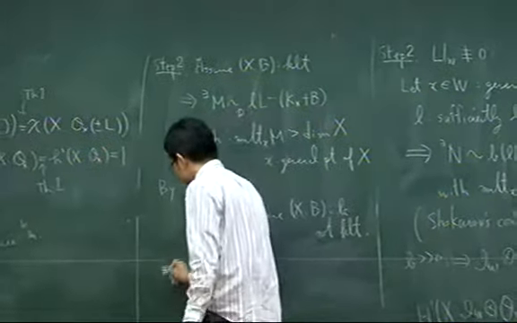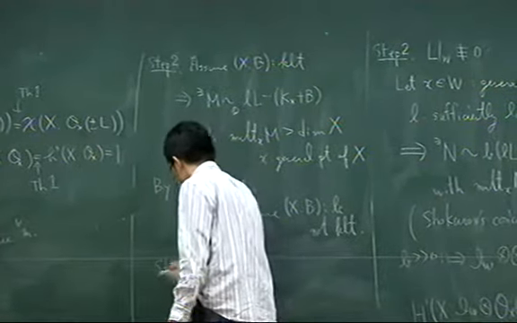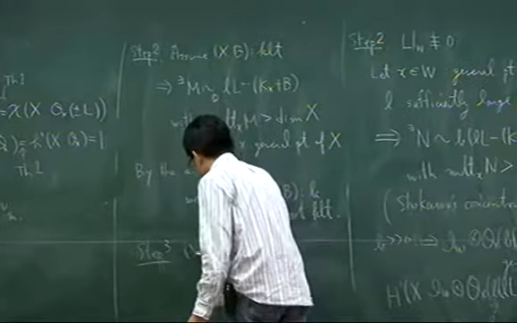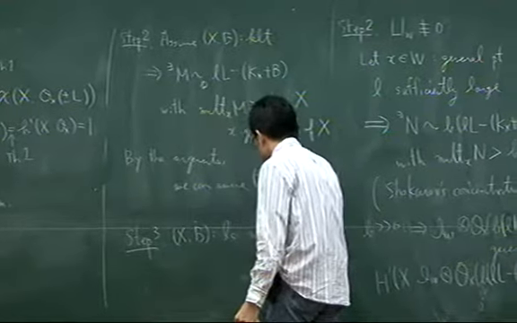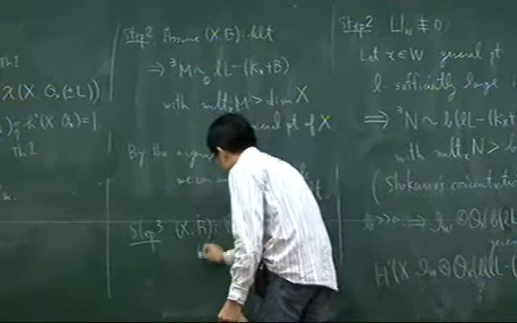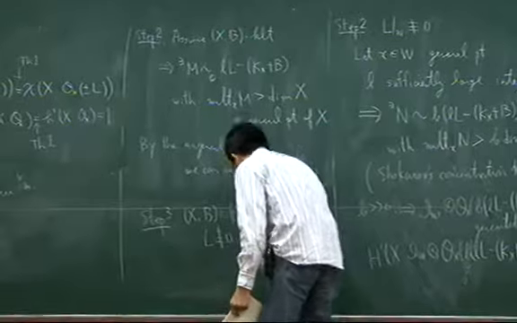So step 3. In this case, (X, B) is log canonical, not KLT, and L is not numerically trivial.